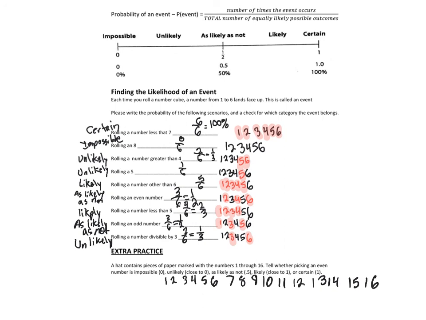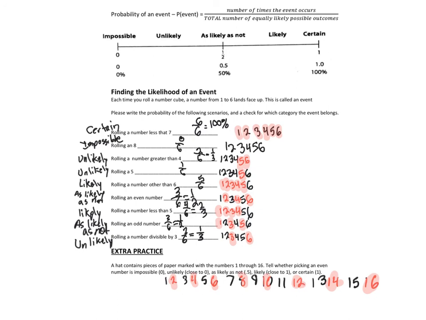Now, we have to do even numbers. So let's highlight the even numbers. 2, 4, 6, 8, 10, 12, 14, and 16. So let's count those up. We get 1, 2, 3, 4, 5, 6, 7, 8.